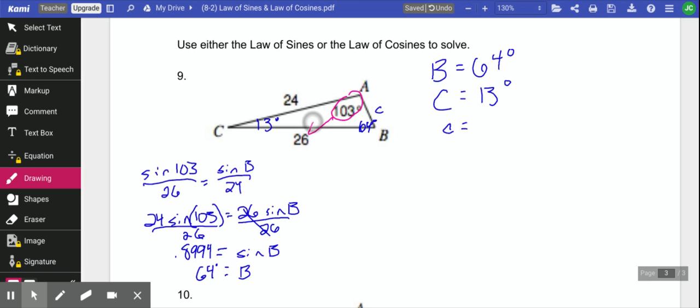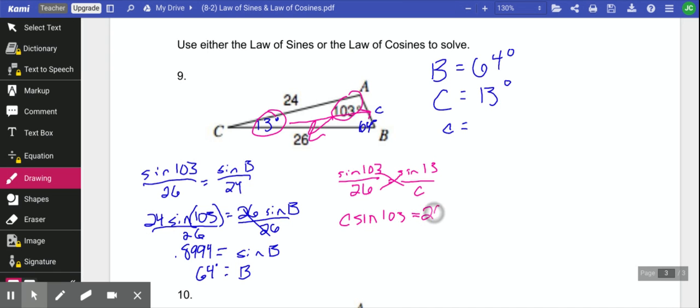So again, start with an angle side pair that you know. And we're trying to find side C, so we'll need that pair. Sine of 13 over C. We're going to cross multiply. C sine of 103 equals 26 sine 13.